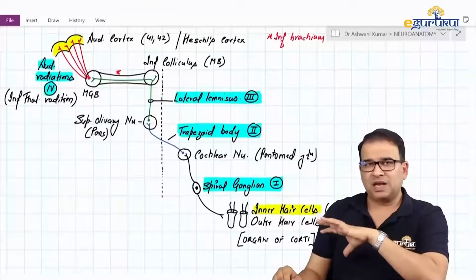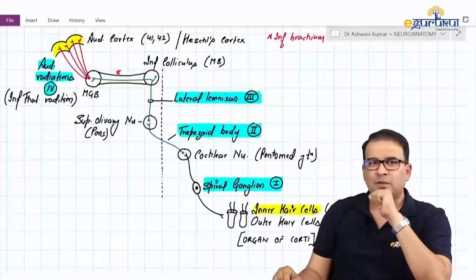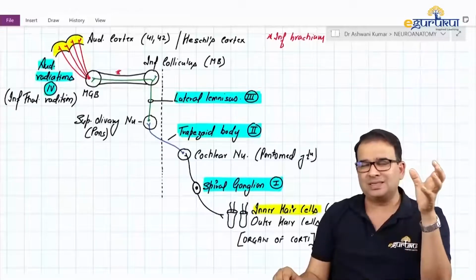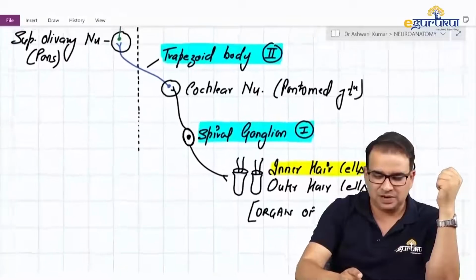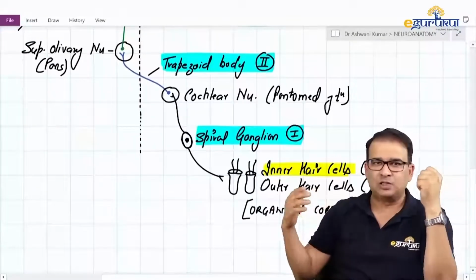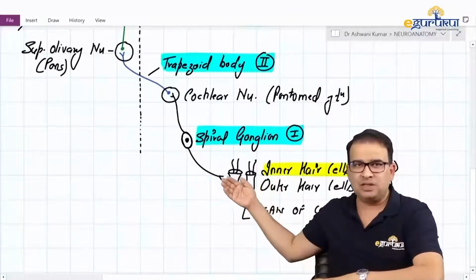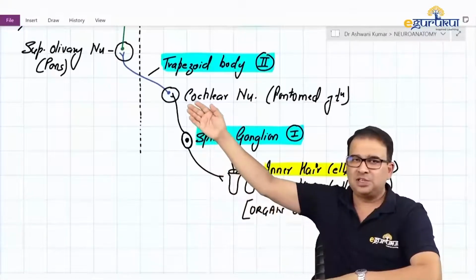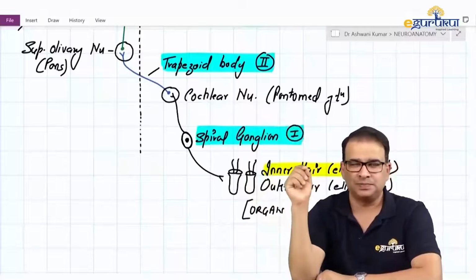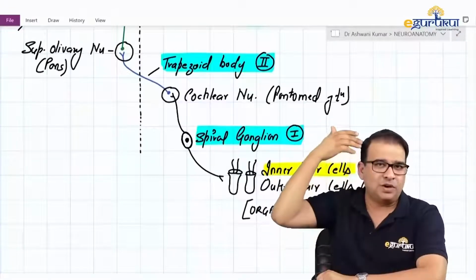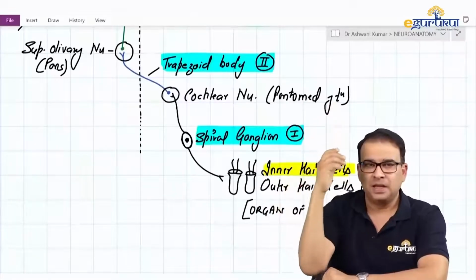Another question asked from the same topic was which nucleus is the center for stapedial reflex. Now for the stapedial reflex also, the afferent fibers are the same. The spiral ganglion will carry the sensation to the cochlear nucleus and via the trapezoid body into the superior olivary nucleus. Now if you go above the superior olivary nucleus, then you're going toward the higher centers.